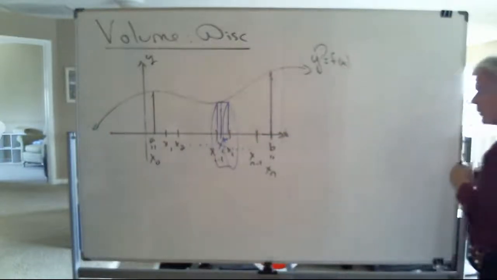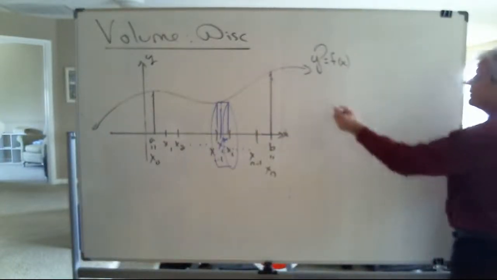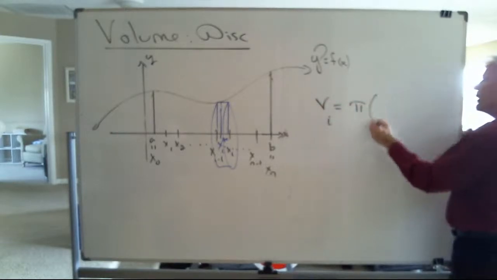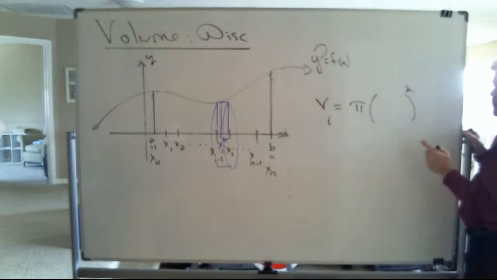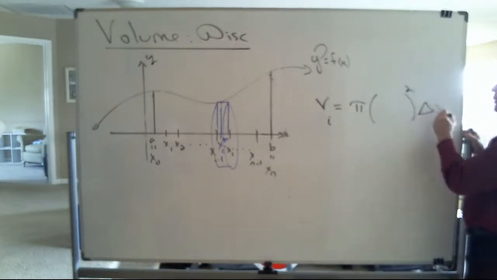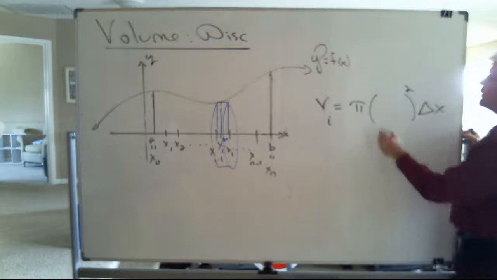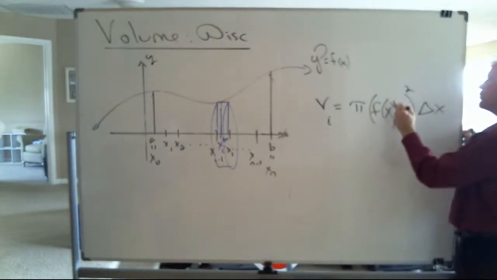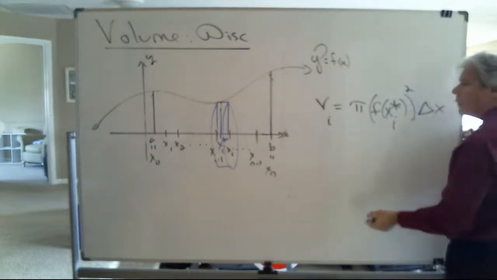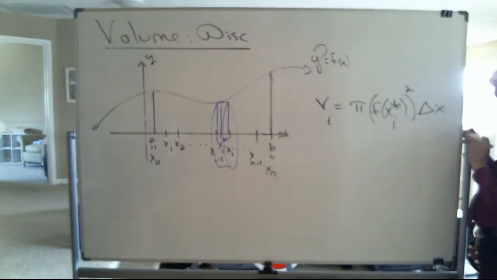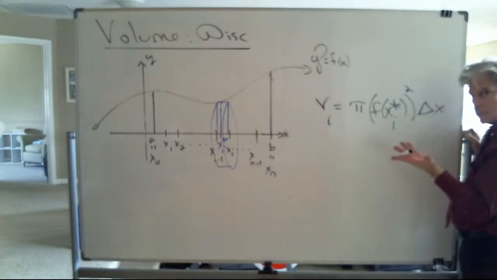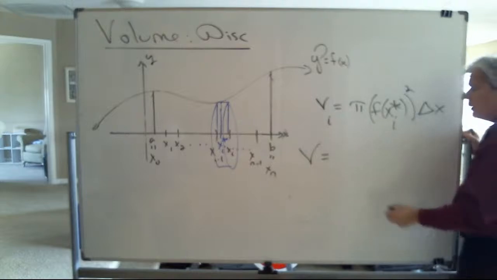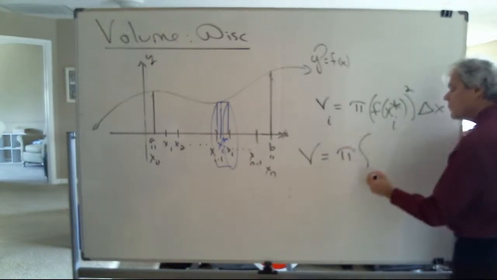So the volume of that ith disk is simply pi times the radius squared times its thickness, which is a small change in the x direction. And of course, the radius can be described by my function evaluated at x sub i asterisk. Now if I take the sum of these V sub i's, then take the limit, the volume can be described by an integral of the form here.